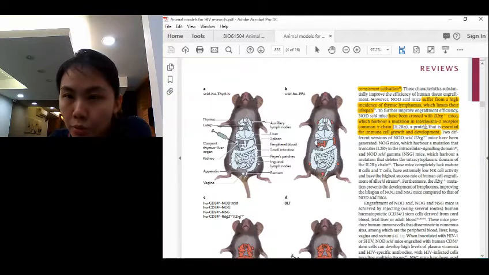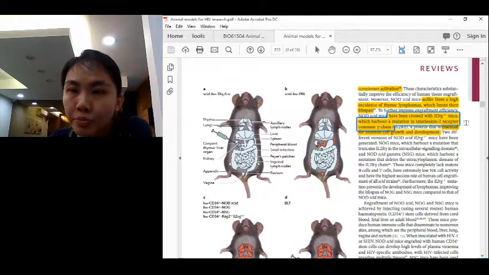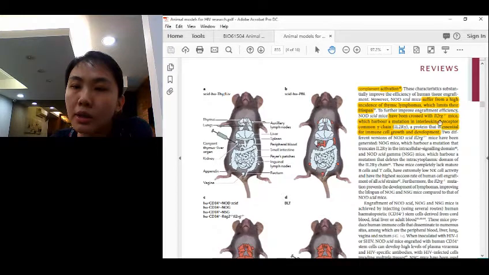the IL-2 RG. RG here refers to receptor common gamma chain. Gamma here is a G, receptor common gamma chain. This receptor is a protein that is essential for immune cell growth and development.